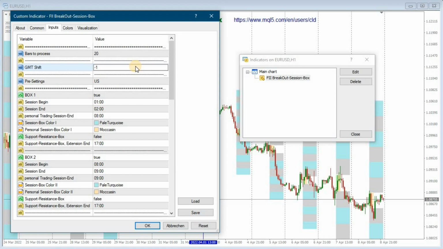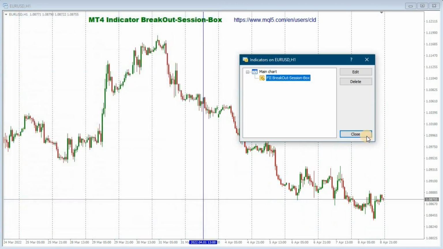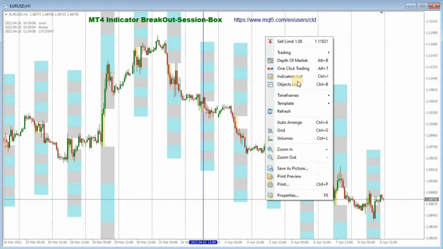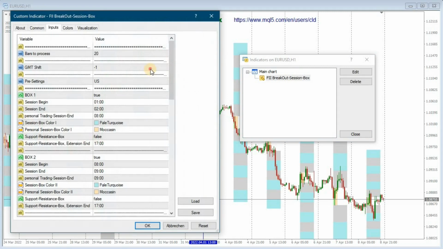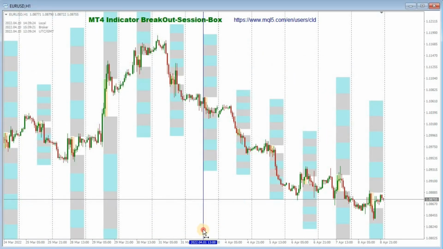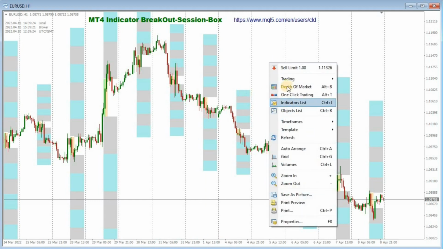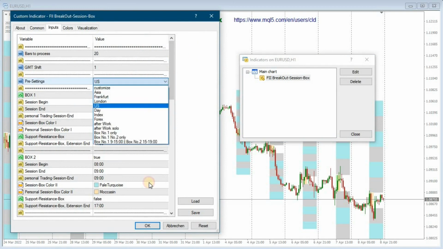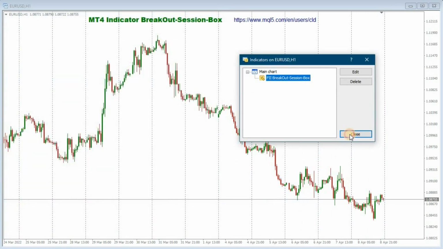The time shift can be entered in the negative as well as in the positive area. I continue with the next preset.